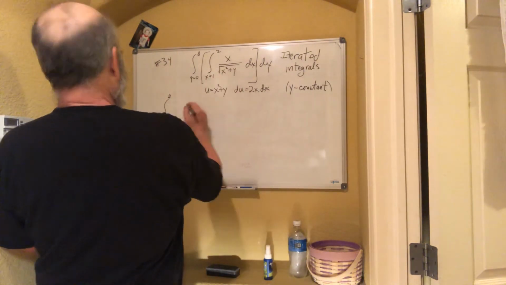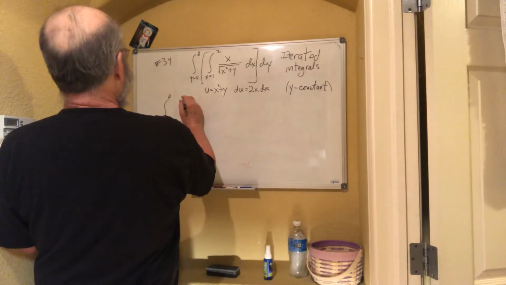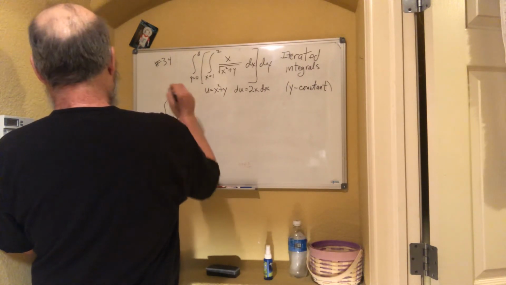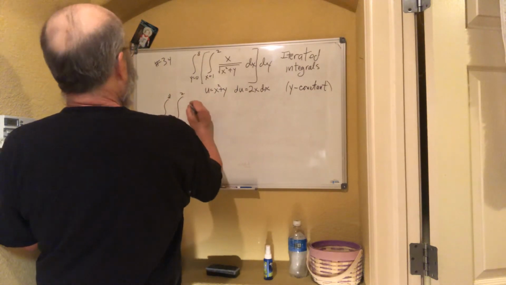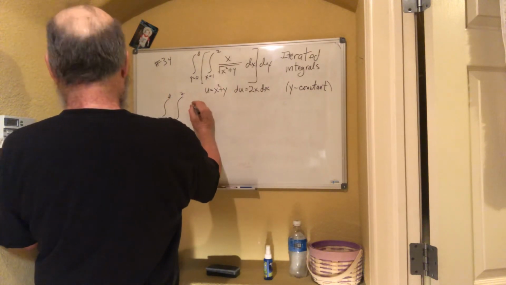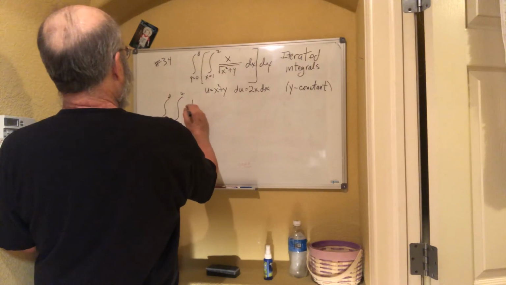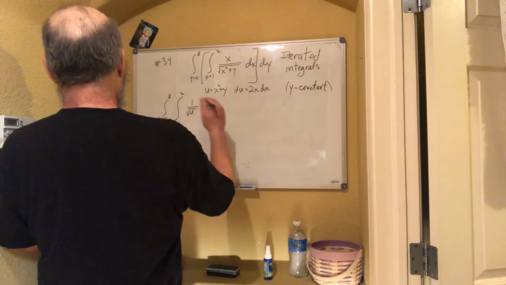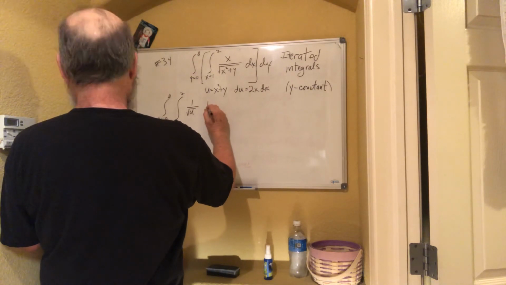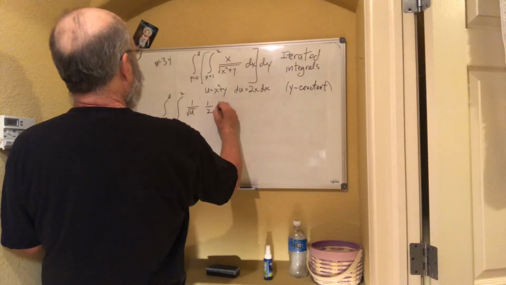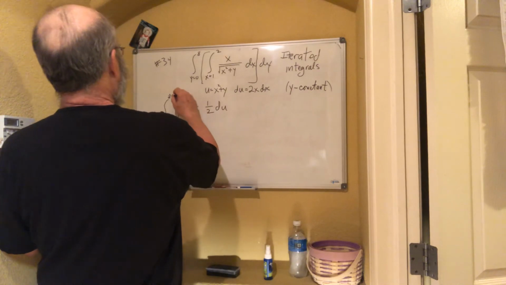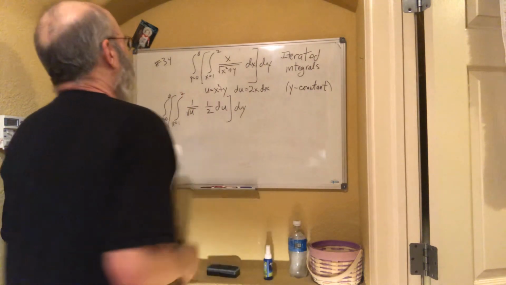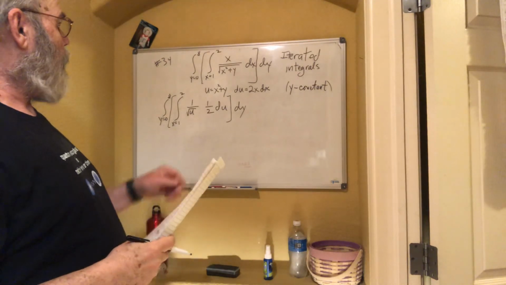When I make these changes, I end up with, again, an integral still running x from 1 to 2. I won't bore you with the details here. You can work it out. Okay, so that's what the inner integral has become. And I'm still left with my dy.